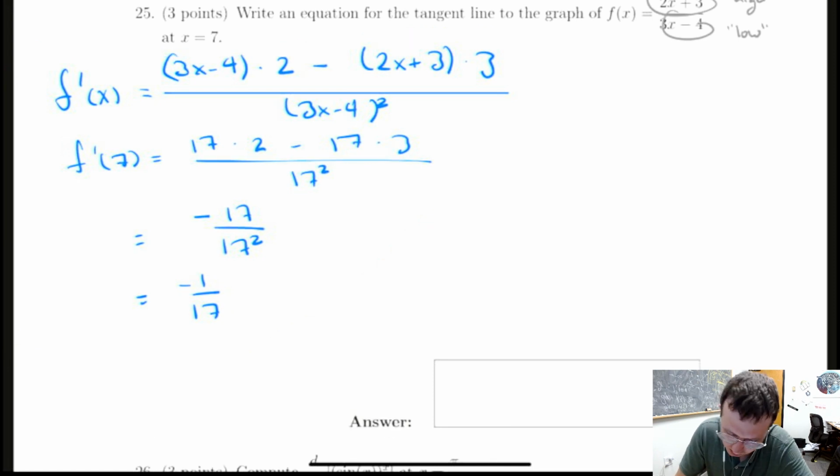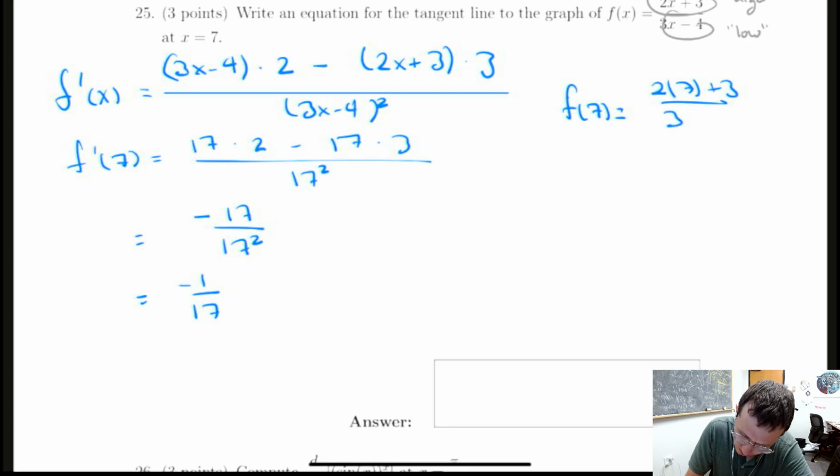I also need one of the points on the curve, but of course I obtain the y value at x equals 7 simply by plugging 7 into the equation of the function. And this comes out to 17 over 17, which is 1.